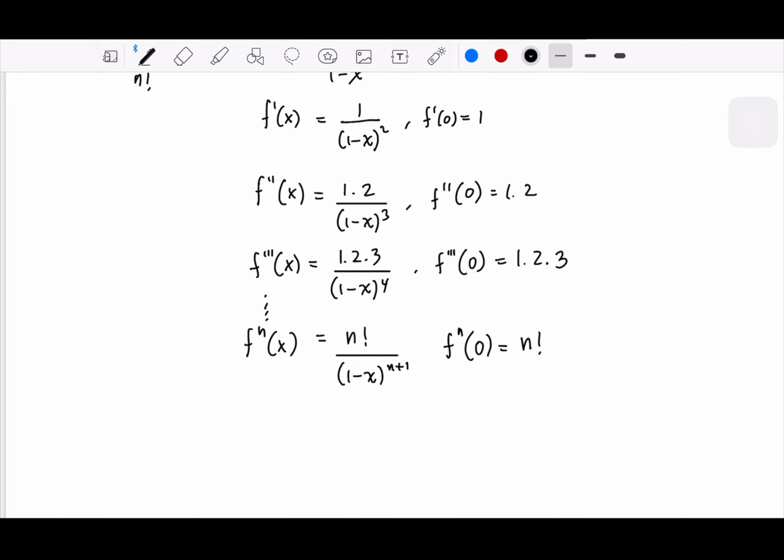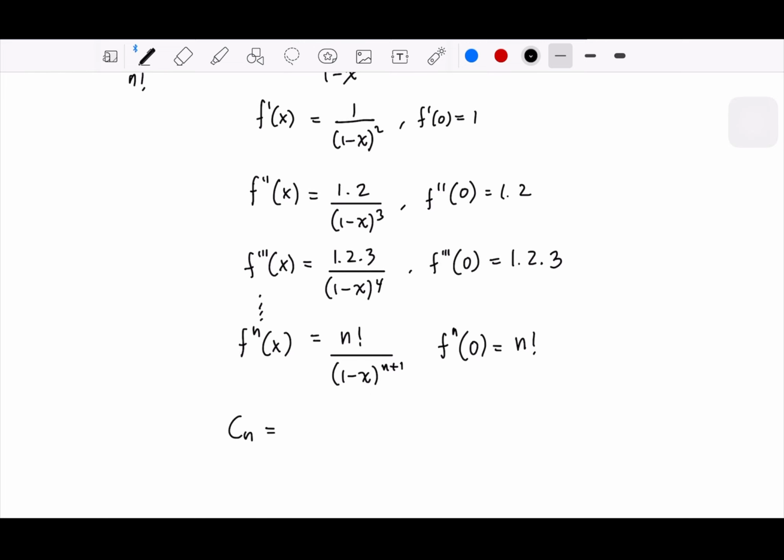And remember the coefficient that we have is f to the n at 0 divided by n factorial. This is n factorial divided by n factorial, which is 1.